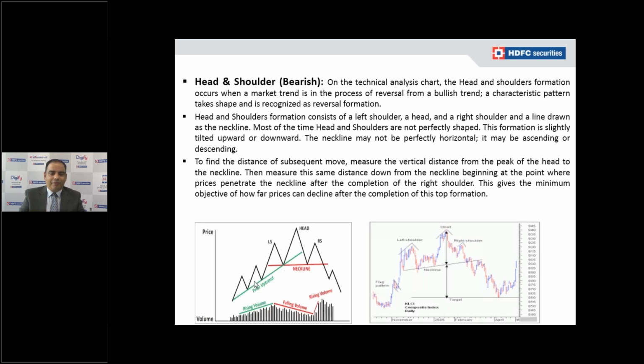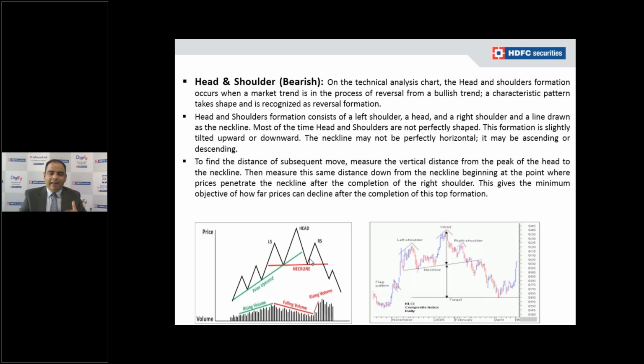Let's see. In the left chart, the price was in a continuous uptrend, made one high. After that, it takes support at this line, the valuation area, moves up and makes a higher high, and declines. Again, it takes support at a similar level as previously, moves up, and this time it forms a lower high.